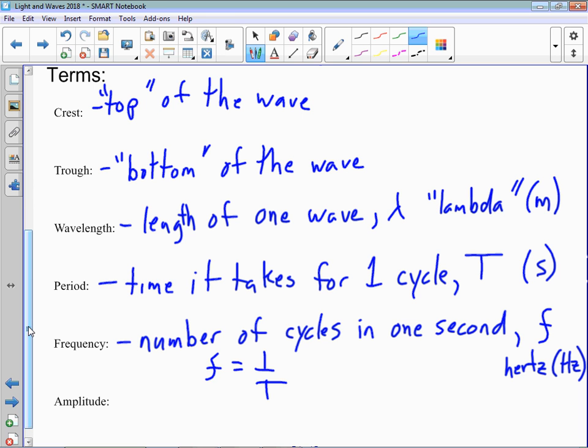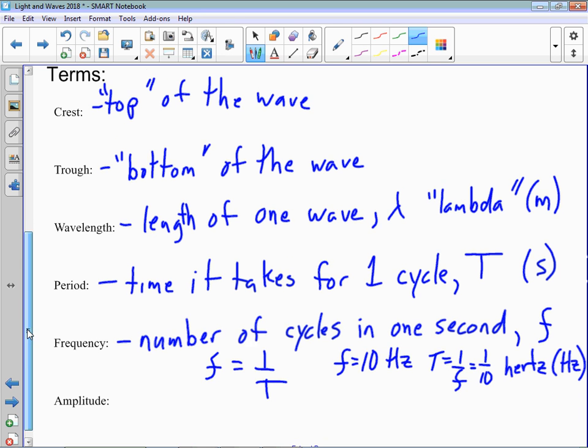If the frequency is 10 hertz, and we rearrange this equation, we get T equals 1 over F, same equation, then the period is 1/10 of a second. So it takes 1/10 of a second for one wave, that's the period. How many waves you can cram into 1 second, that's your frequency.